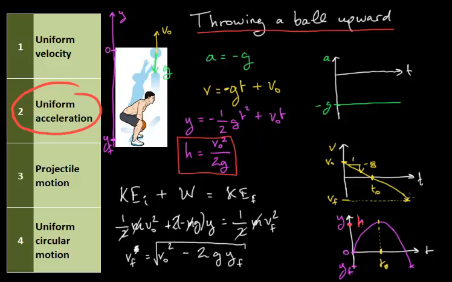And I also managed to obtain the speed that I achieved right before hitting the floor, that I called vf, in terms of the initial velocity v0, g, and the displacement of the floor compared to the initial point of release of the ball.